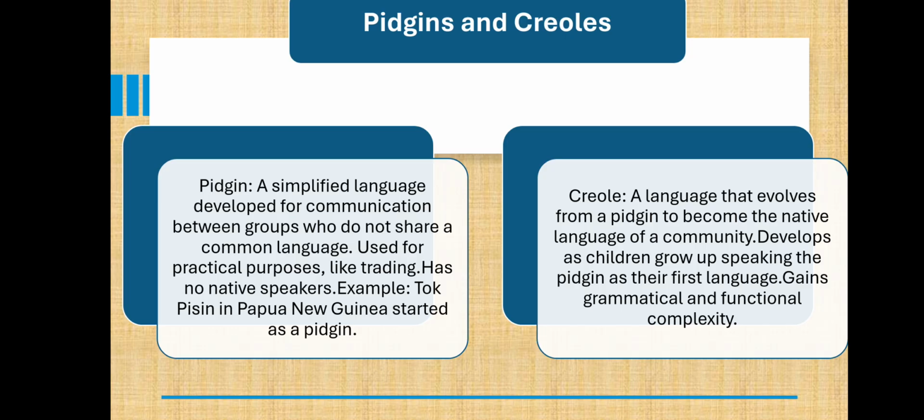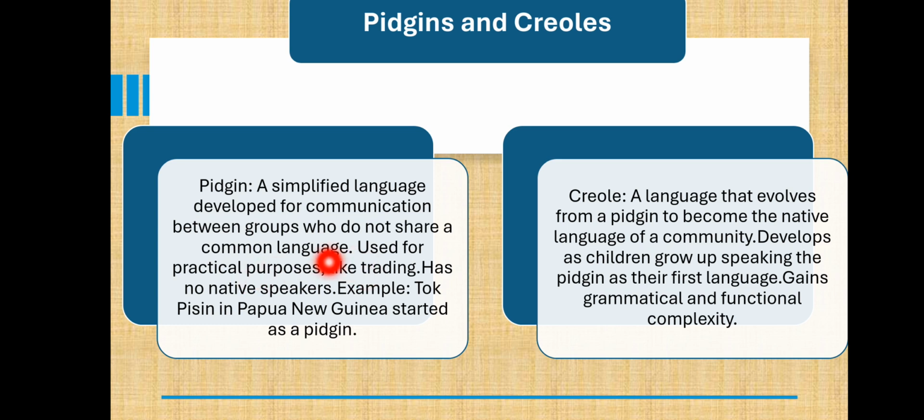Now, after might be 50 years, might be 100 years, might be 150 years later on, their children start that language as their native language. Which language? Pidgin language, which was not the native language of the groups.